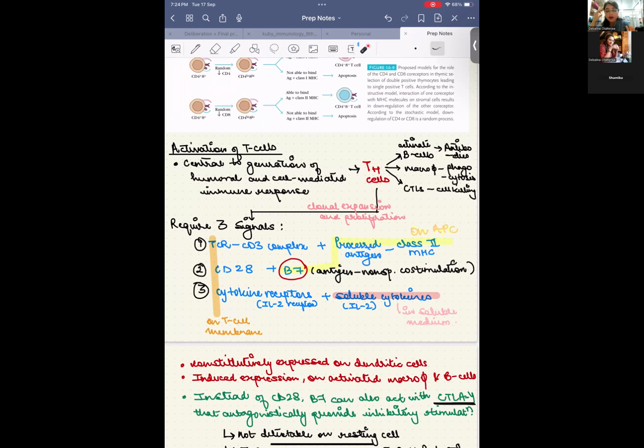So, a very important cell, if you look at the entire adaptive immune response, is your T helper cells, right? Because it is your T helper cell that gives signals to increase or decrease both your cell mediated as well as your humoral immunity.